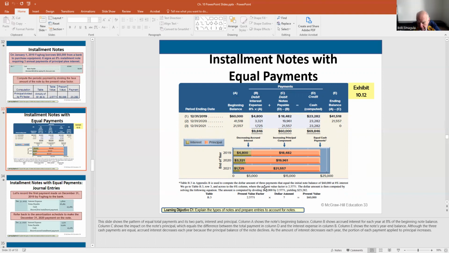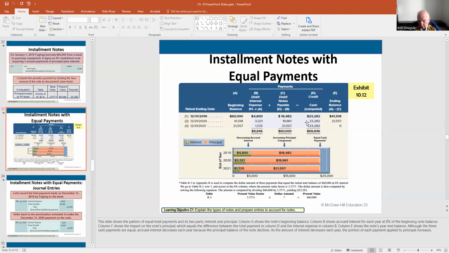The difference between the cash here and the interest expense is what we're going to debit notes payable. In other words, in the first year, the note payable is going to come down by 18,482. We repeat the process the next 2 years.